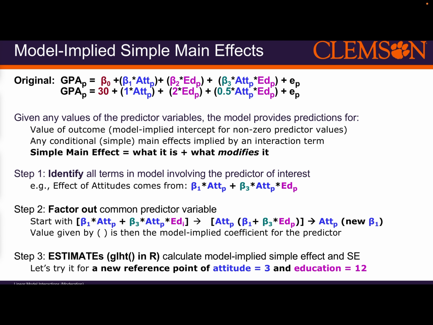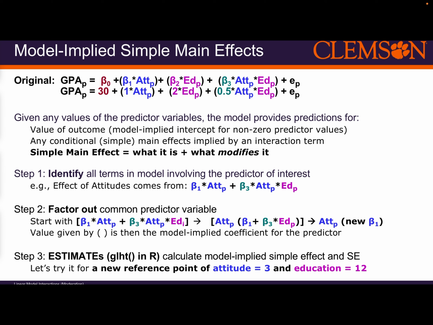Let's talk about model-implied simple main effects. For this example, let's imagine we're going to predict a student's GPA based on two predictor variables. One, the attitude of their parent as measured by a 5-point Likert scale between 1 and 5, where 1 is a very negative attitude toward education and 5 is very positive, and 3 would represent neutral.